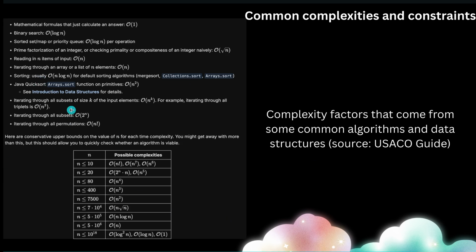As you can see here, O(1), O(log n), the logarithm of n, and so on. As long as we continue to develop our coding skills, we will soon learn the time complexities of all of these algorithms and data structures.